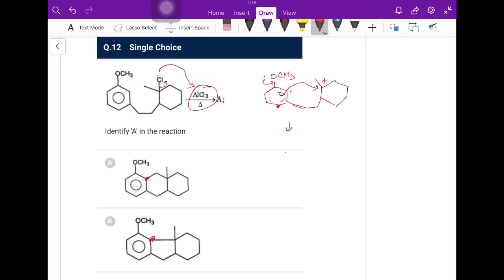It is making a 1 2 3 4 5 6 membered ring. This is OCH3 group, and after the steps have been completed, this will have a 6 membered ring here, and this 6 and 5 is attached with one more 6 membered ring. So this is like this.